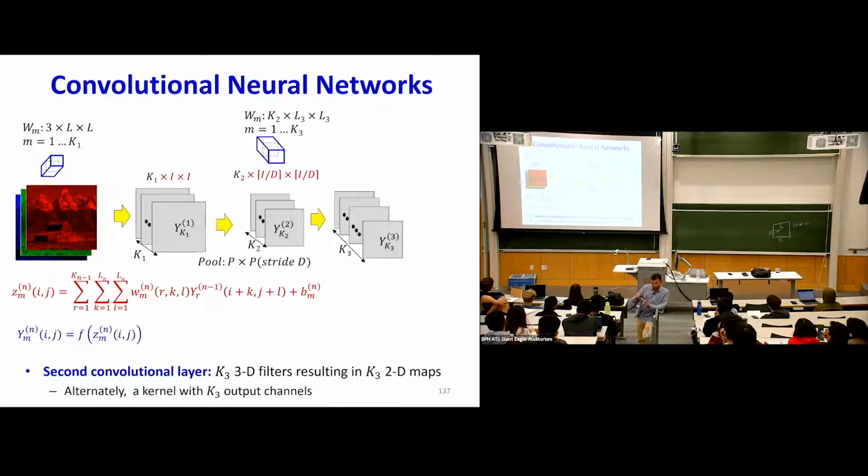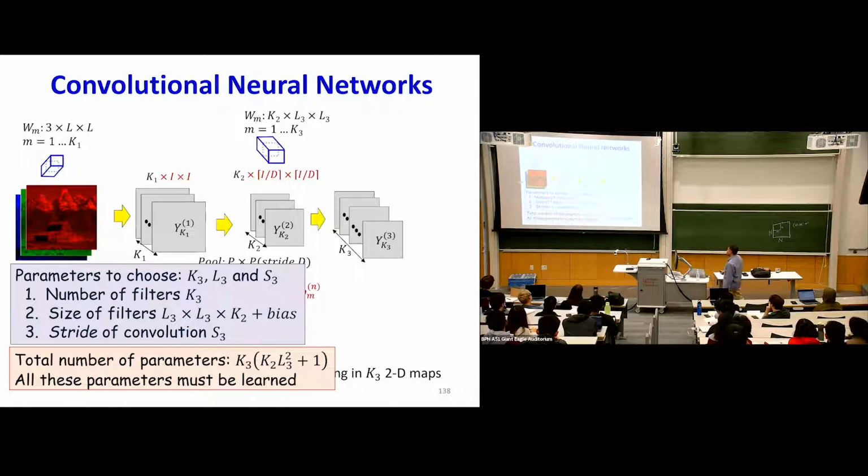In layer 2, the filter face is 3 cross 3. How many parameters will it have? 9K1 plus 1, because the depth is going to be K1. Why is everybody so quiet? Did 9K1 plus 1 make sense to you guys? Okay. And so those are the parameters that we're actually going to be learning.